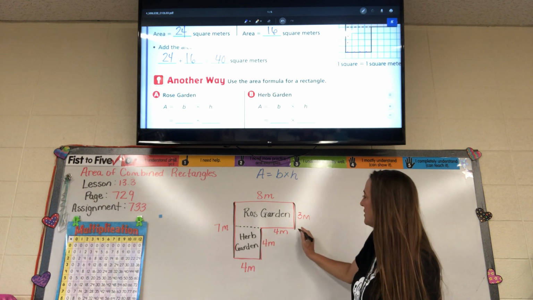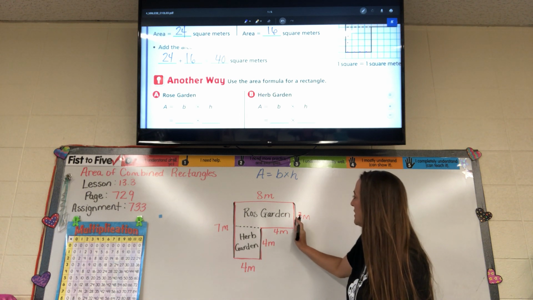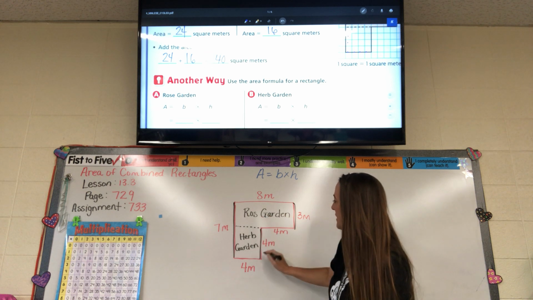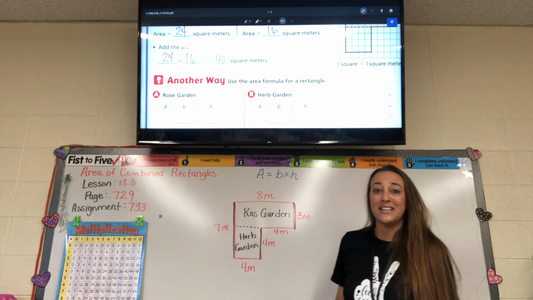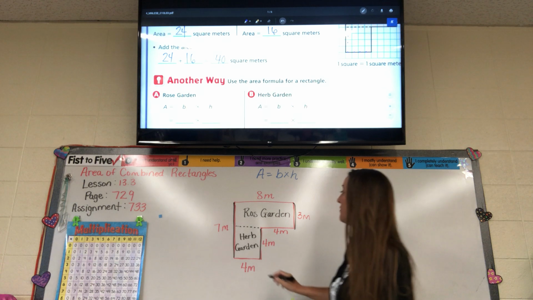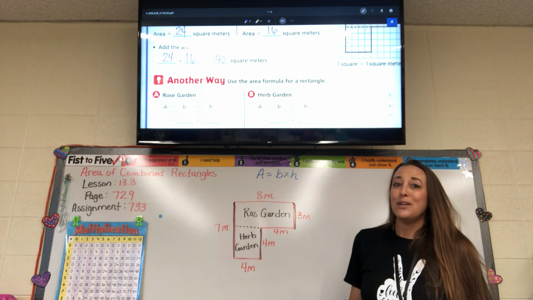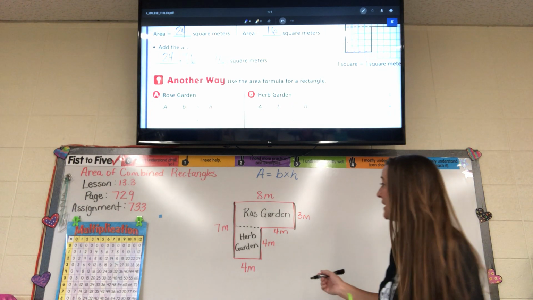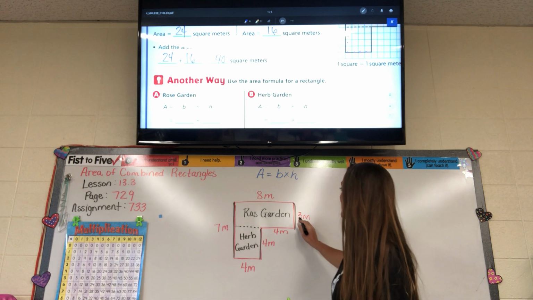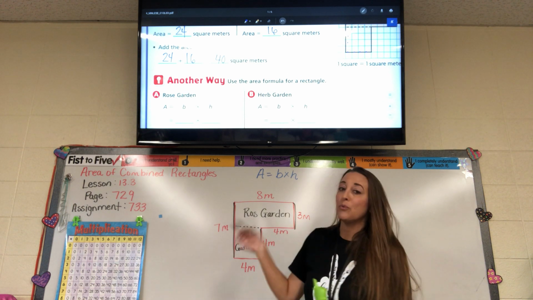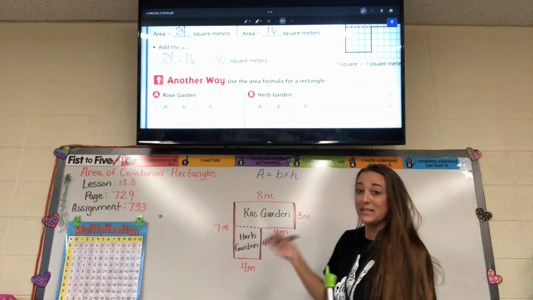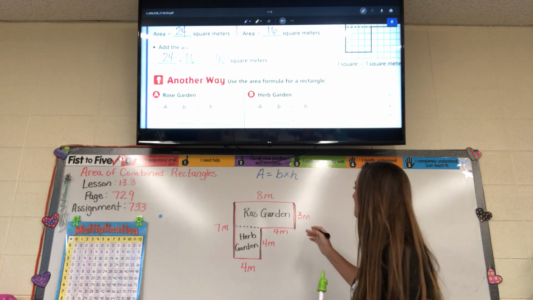So if you took this 3 meters and lined it up with this 4 meters together, they would combine to form 7 meters. So we don't use that 7 for anything, but later we can use it to figure out missing parts.